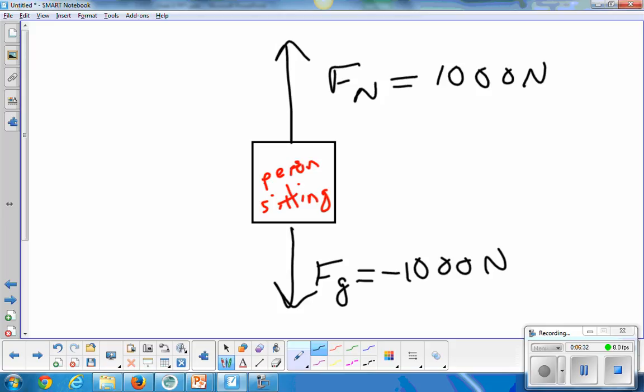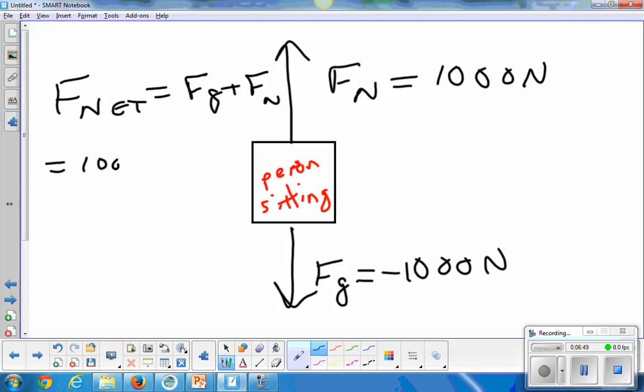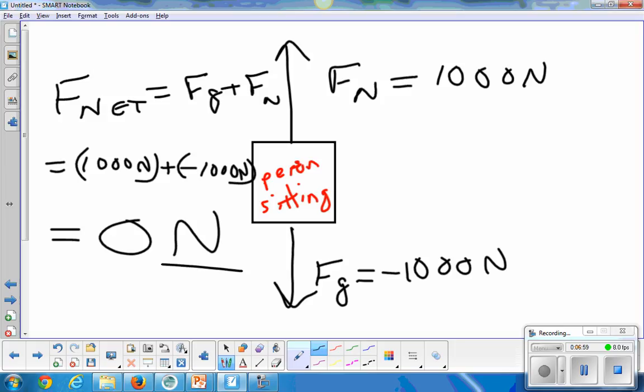So what is the resultant? Remember the word from our vectors? So the resultant of these two vectors is that we have F net. Let's remember, everything added together. Fg plus F normal equals 1,000 newtons plus a negative 1,000 newtons equals 0 newtons. So, back to our statement up here.